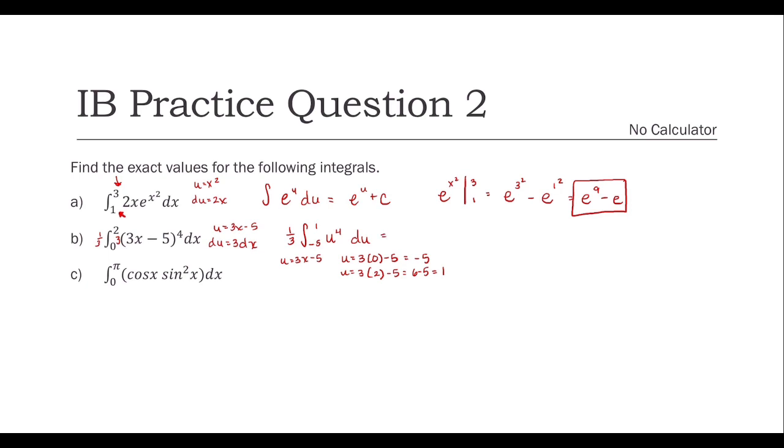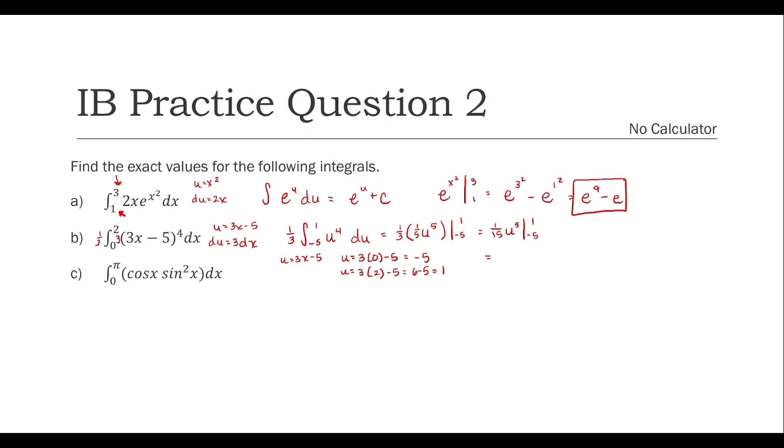So this will equal 1/3 times 1/5 u to the 5th evaluated from -5 to 1. So this equals 1/15 u to the 5th from -5 to 1. So if we evaluate this, we get 1/15 times 1 to the 5th, minus 1/15 times -5 to the 5th.